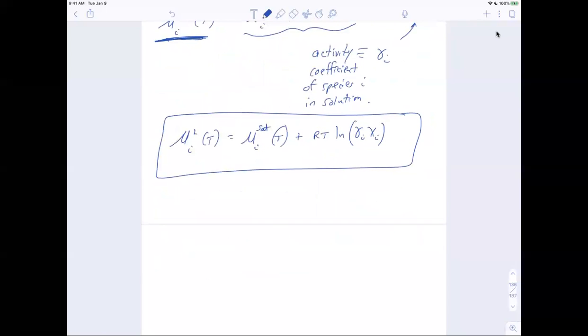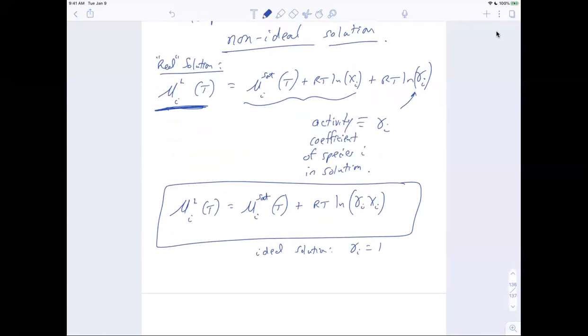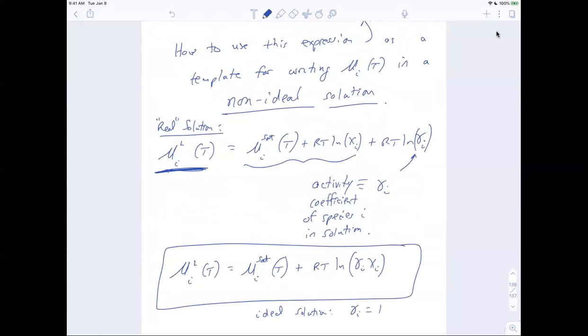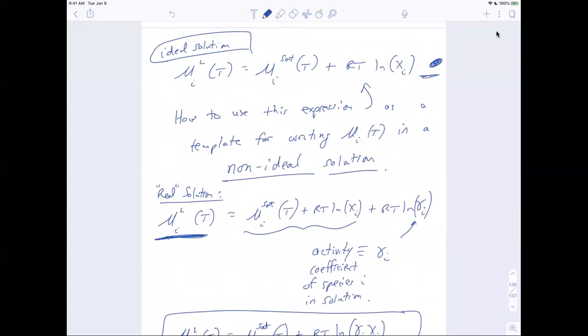Okay. And we see here now that we have a very nice and compact form to think about non-ideality. If you have an ideal system, gamma I is going to equal 1, because once we let gamma I equal 1, we're going to recover this expression, which was our expression for the ideal solution.